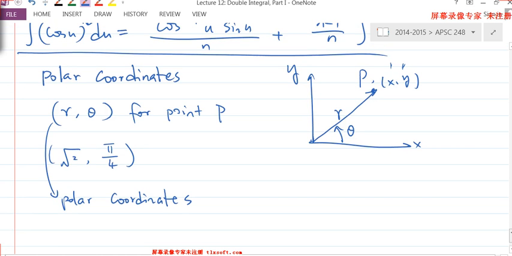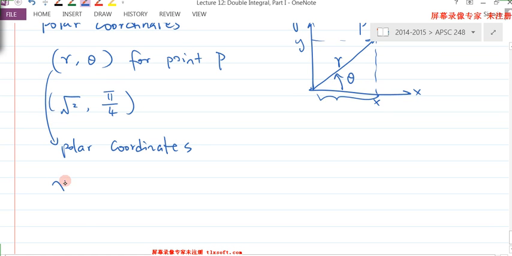It's very simple. Here's x and here's y. If I express x and y in terms of r and theta, x is r cos theta, and y is r sin theta. So this is the connection between the polar and the Cartesian coordinates.